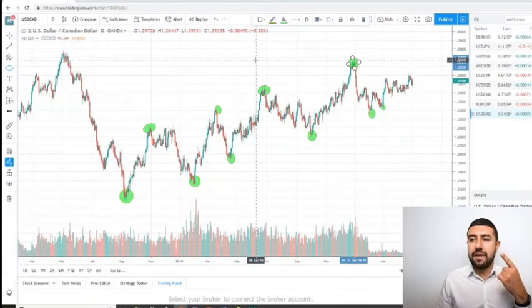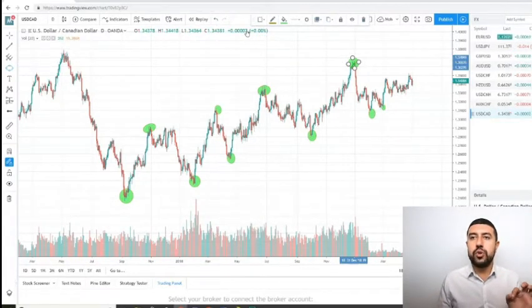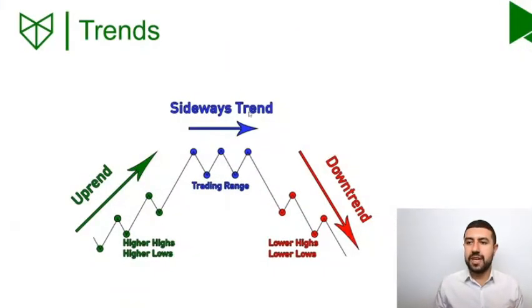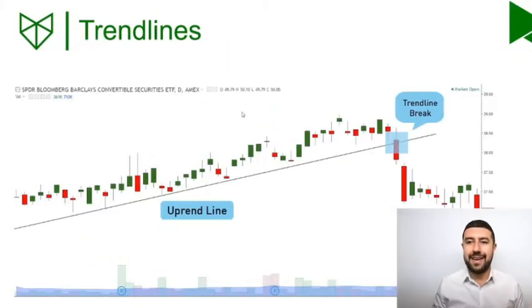To have a better idea of this, what we usually do is draw a trend line. A trend line is just a line that we draw on either all the lows or all the highs. I'll explain the highs later, but let's say all the lows for now. This trend line makes us really see the direction of the trend and when the trend breaks.